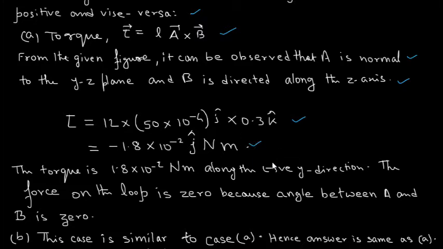The torque is 1.8 multiplied by 10 to the power minus 2 Newton meter along negative y direction. The force on the loop is 0 because the angle between A and B is 0.